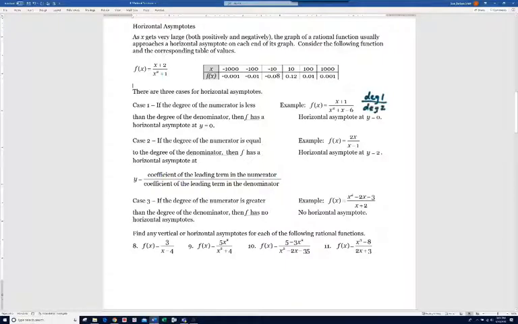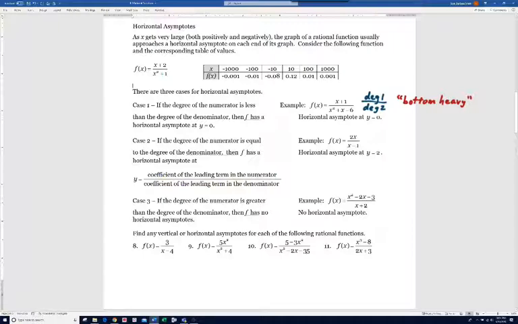The degree of the numerator is 1, the degree of the denominator is 2, and so this would be the first case where the numerator has a degree that's smaller than the degree of the denominator. And this is the one that I will call bottom heavy, because the degree is bigger in the bottom.